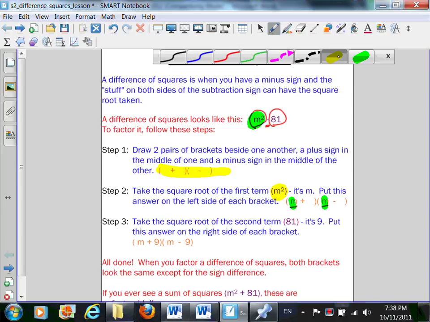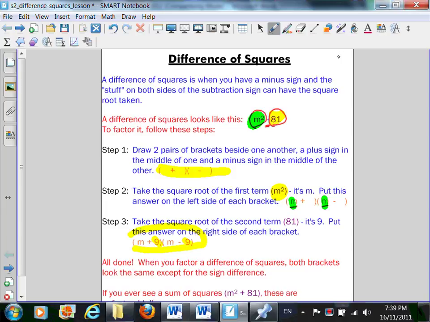Then, take the square root of the second term, 81. It's second up here, so it's second down here. The square root of 81 is 9, so you put 9 in the right-hand part of both those brackets. So m squared minus 81 factored is (m plus 9)(m minus 9).